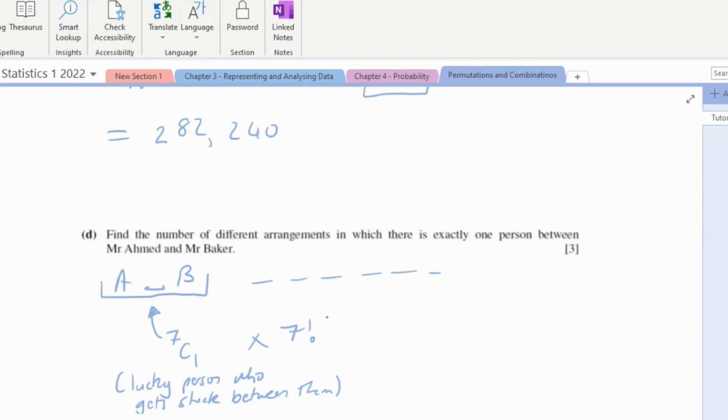Okay, and then because Mr. Ahmed and Mr. Baker can be swapped, Ahmed could be first and Baker second, or Baker could be first and Ahmed second. So then we're going to times that by 2. What does that give us?